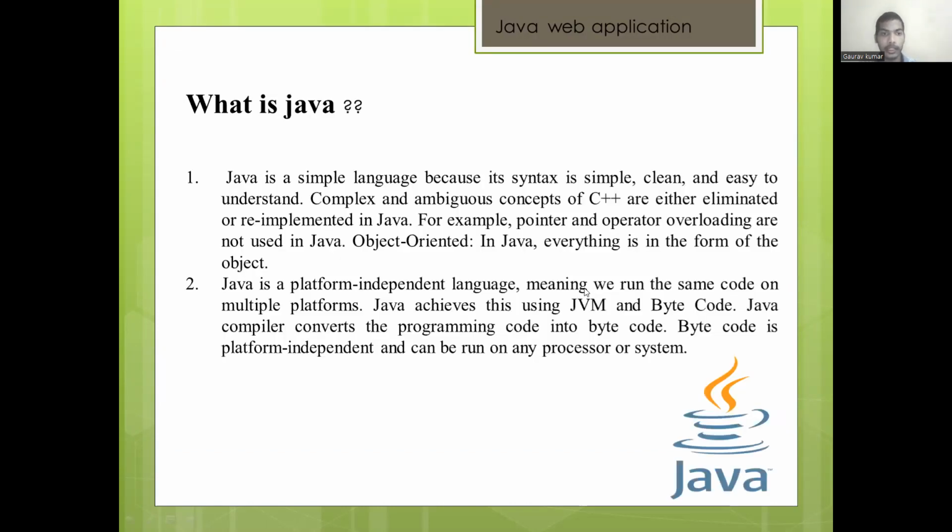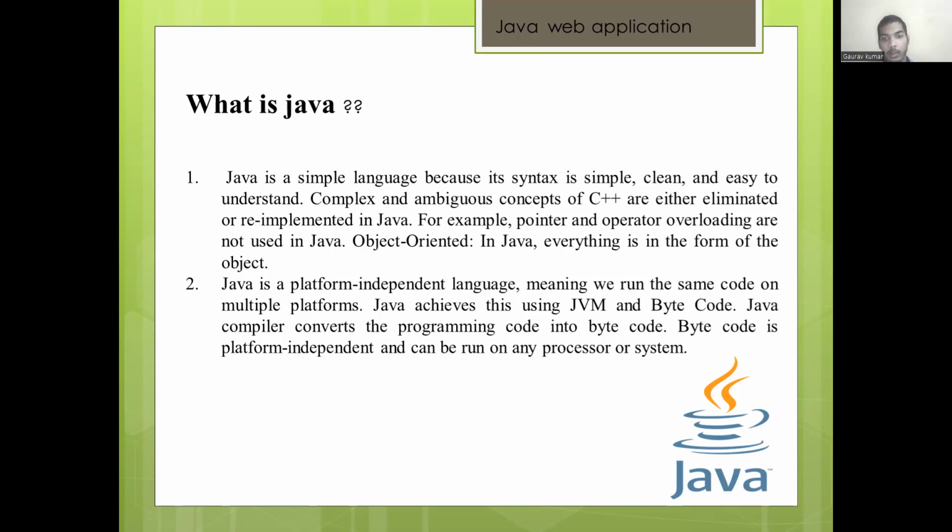After that architecture, why are we using Java instead of C++? Java is object-oriented programming, which is easier, and it has lots of modules that are not in C++. Java is a platform-independent language, so we can run it anywhere.